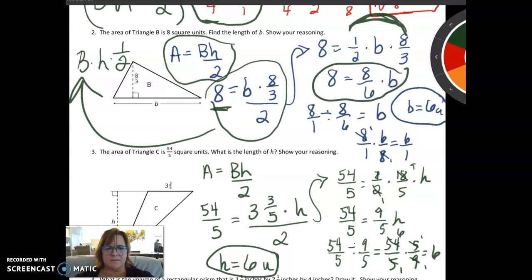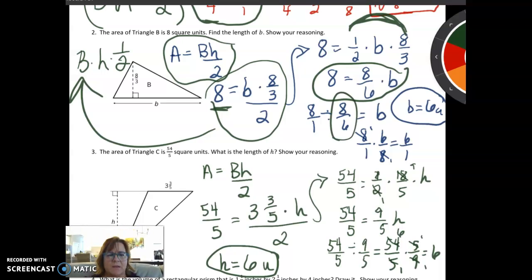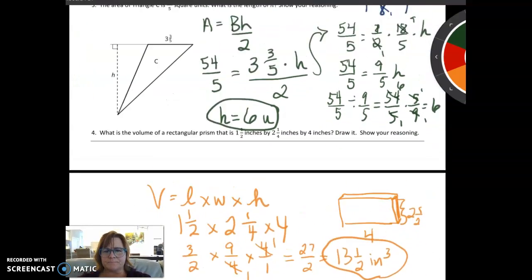So now that I have this, I know that if I divide 8 by 8/6, I can get what B is equal to. So 8 divided by 8/6 is equal to B, which is the same as 8 times 6 over 8, because I have to multiply by the reciprocal here, and that equals 6. So I know the value of B, or the base here, is 6.